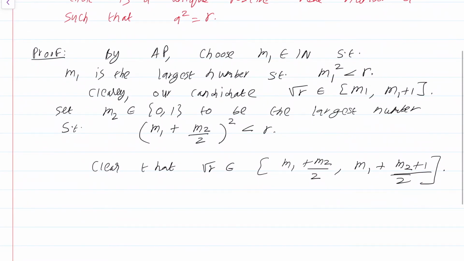Okay. Note that if m2 were actually equal to 1, this just says it lies in the interval m1 plus m2 by 2, comma, m1 plus 1.